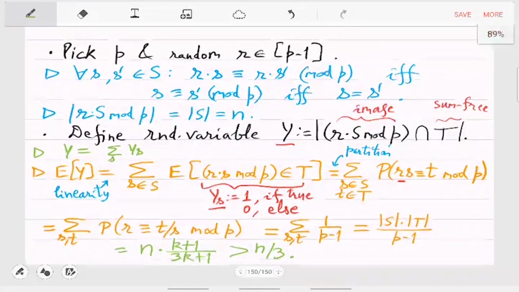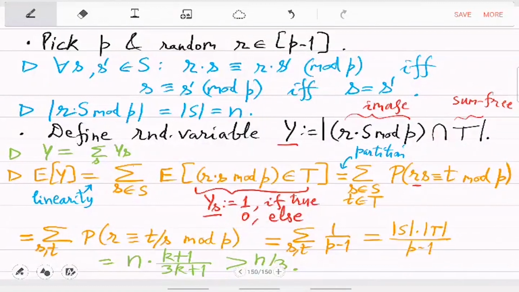Right, that is what we have learned till now: that the expectation under the transformation, you will be hitting more than n by 3 elements of T, and T is sum free. So if you look at the pre-image of the map, you have found a sum free subset.